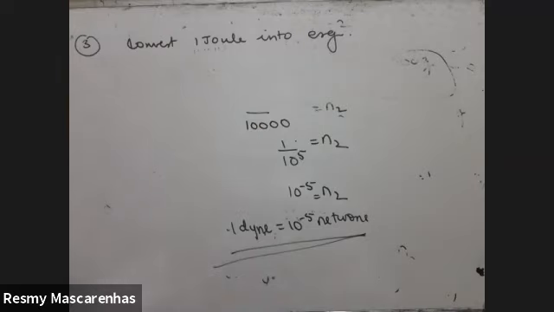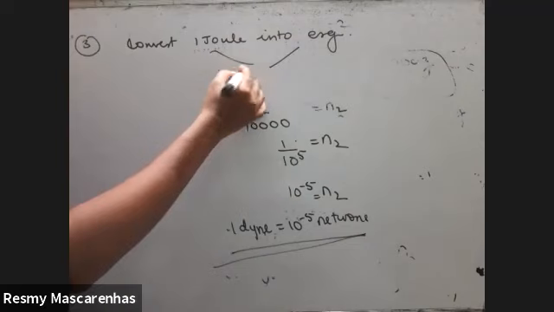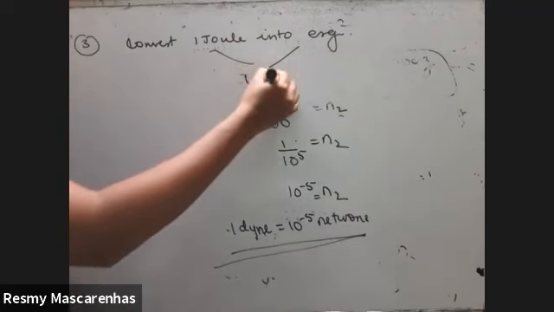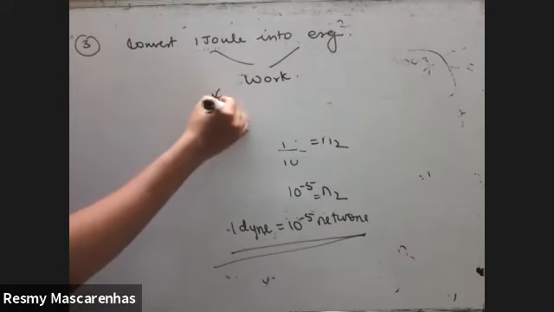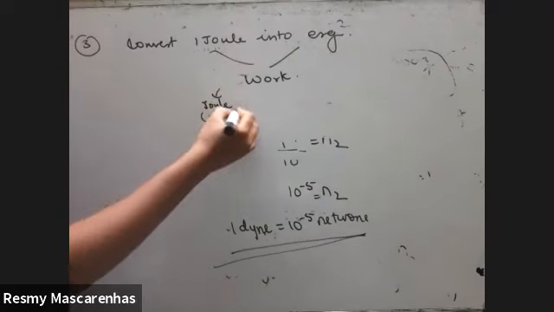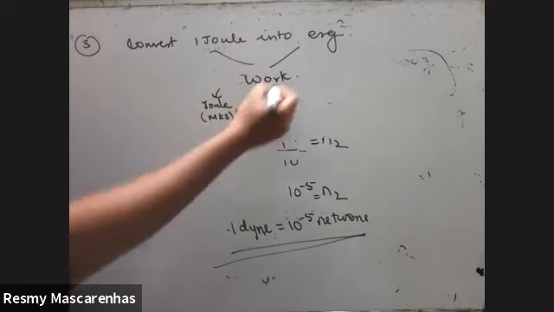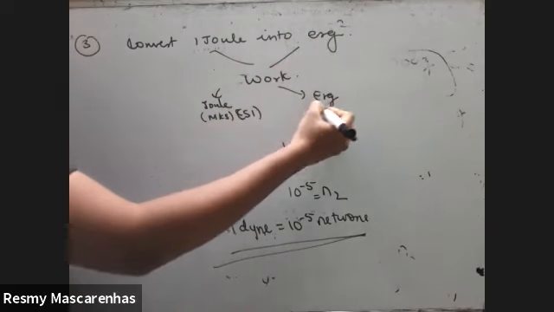I told you, you should know that joule and erg are nothing but the units of work. Joule is in the MKS or SI system, and erg is nothing but the CGS.